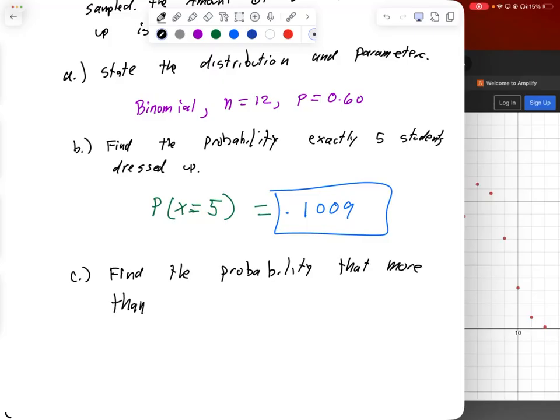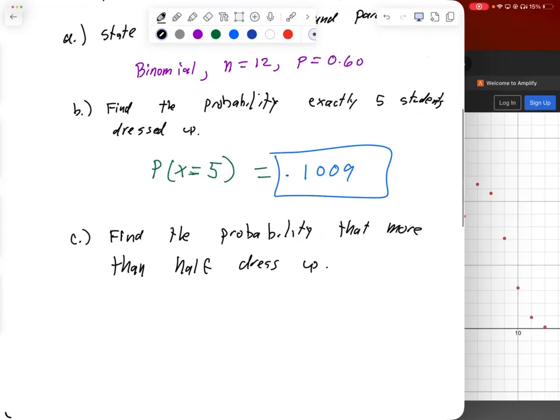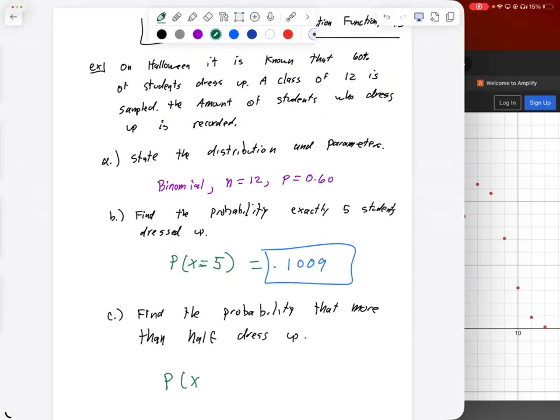I'm going to do a little tougher one than I asked you on your homework. So what is more than half? I'm going to use my notation. Probability that X is what? How many students are there?